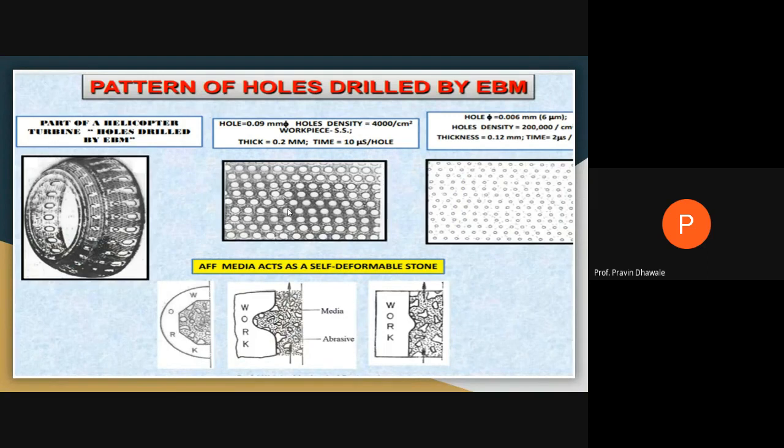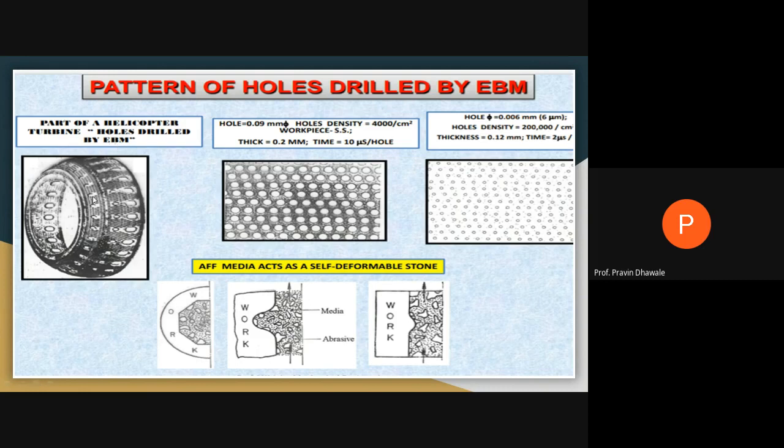non-conventional machining process. Again, there will be one slide. It will show what is the density of the holes and what will be the size of these holes that will be prepared on a material or workpiece. Part of the helicopter turbine, holes drilled by the EBM. What is EBM? Electron beam machining.